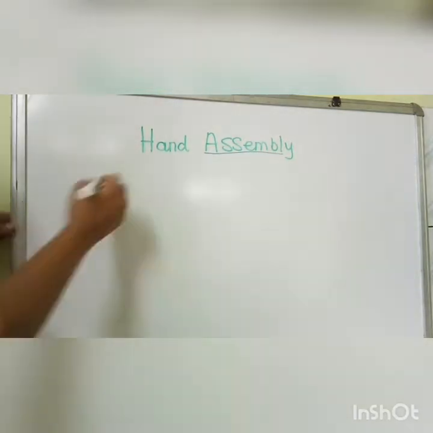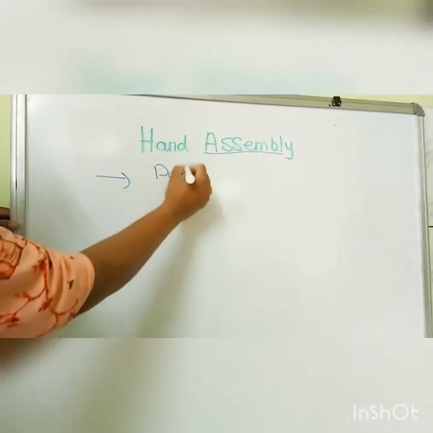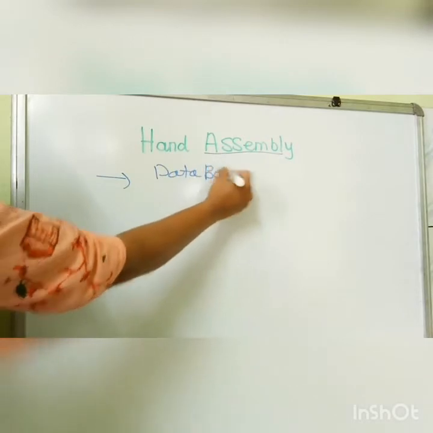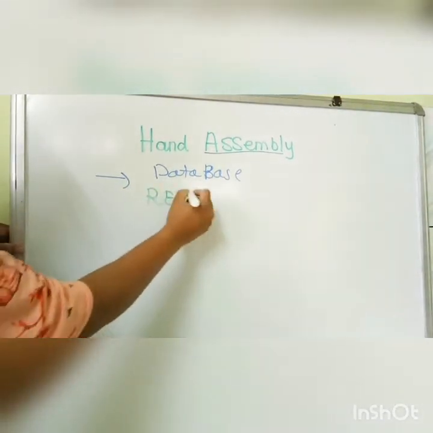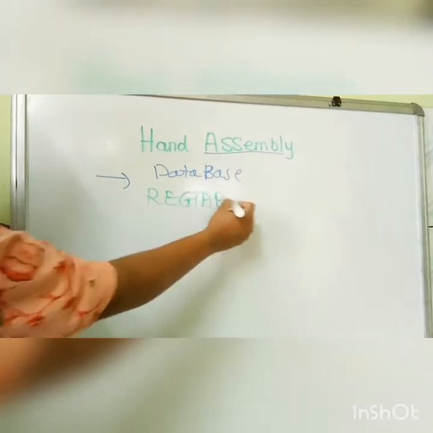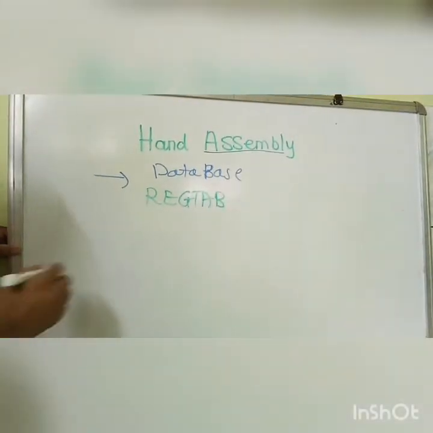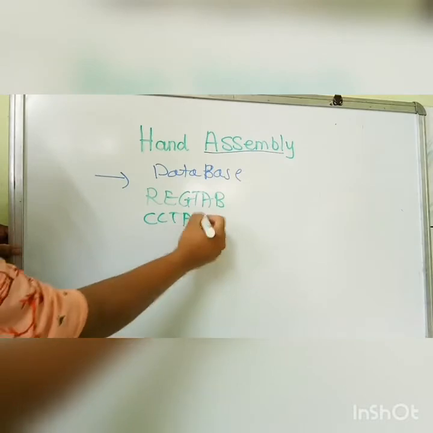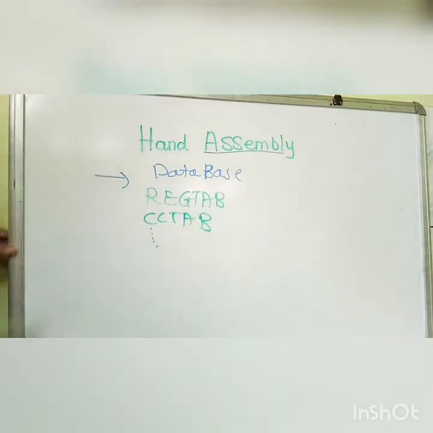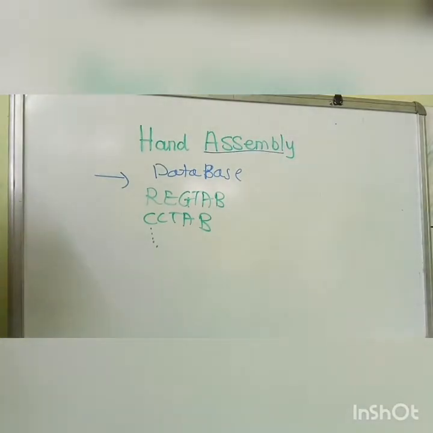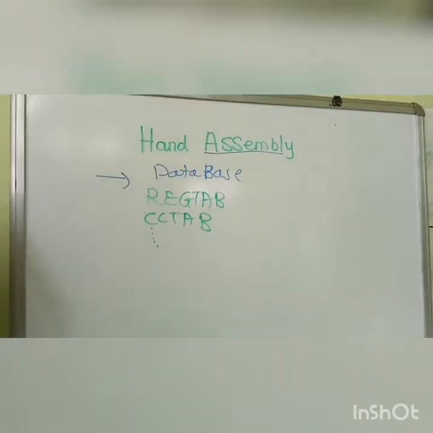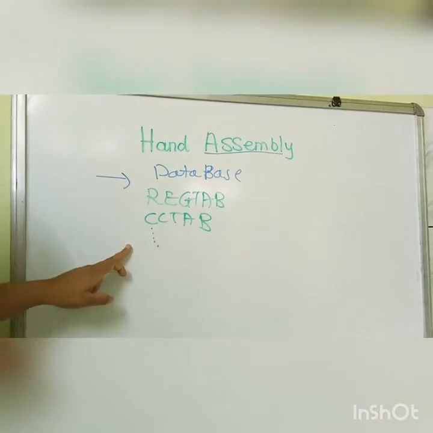For example, the different databases required to convert the program into its machine code are the register table, then the CC table, and lots of other tables which are used in hand assembly.